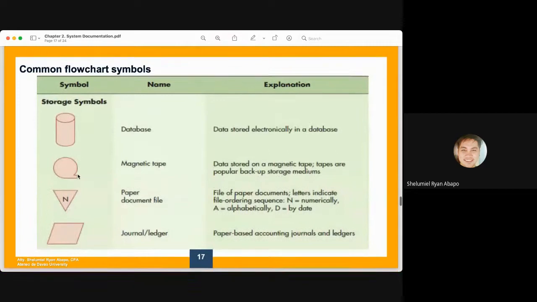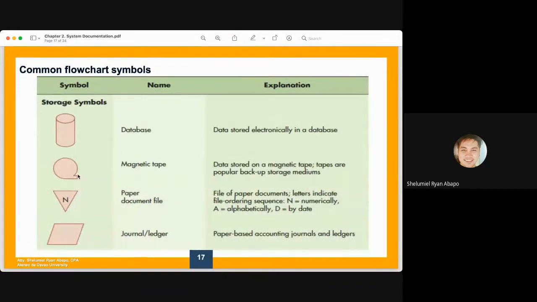Then we also have the storage symbols. Okay? The cylinder there will represent the database. This is where data are stored electronically. And if you have already encountered this in one of your other subjects, a database is actually a collection of tables where data are collected in a logical manner, where a particular document or a particular type of information is recorded in a row in a particular table.